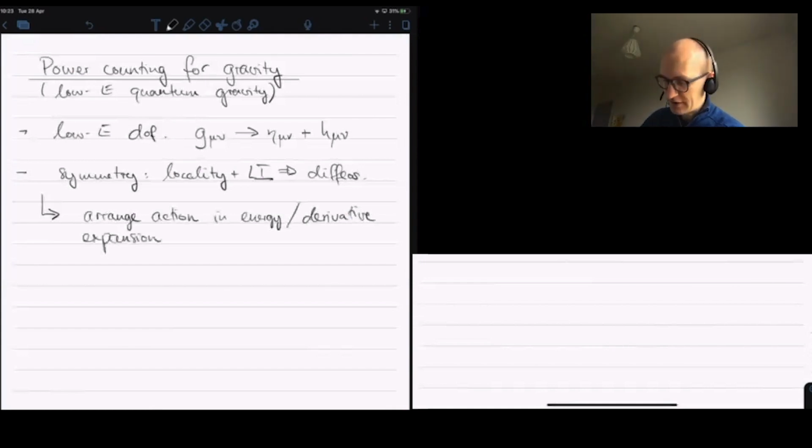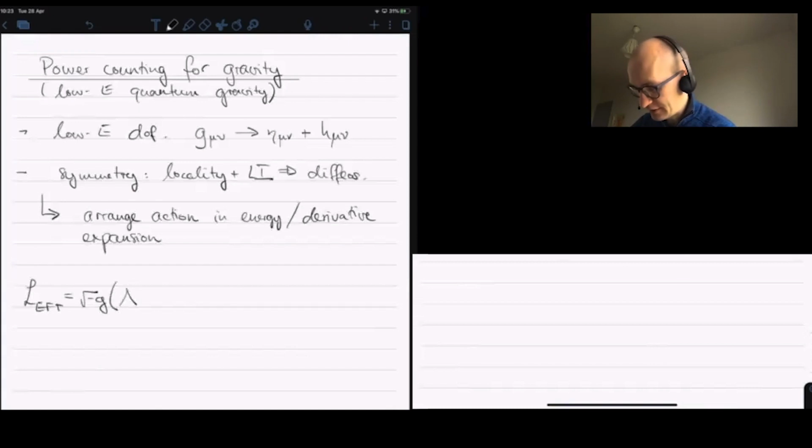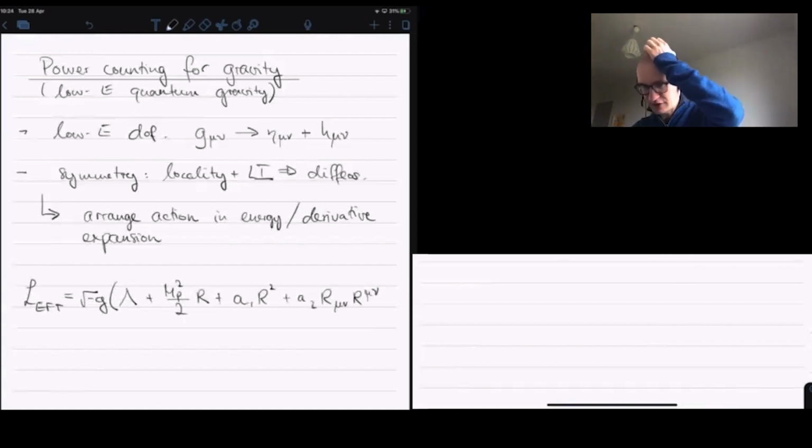So we will just write down something like the Lagrangian of our EFT is going to be, well, we have this guy, we have the cosmological constant, then we have the two derivative term, which is the Ricci scalar, and then we get curvature squared terms. So I'm giving them arbitrary coefficients. We're going to work on these coefficients to simplify our life a bit, because there's actually quite a lot that can be done in gravity. But for now, these are just coefficients.